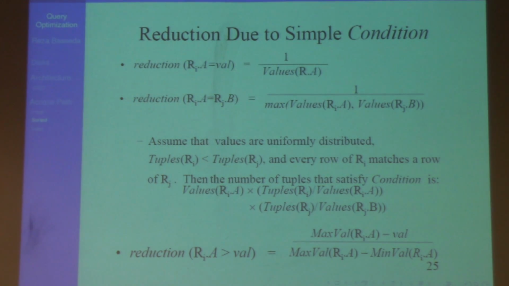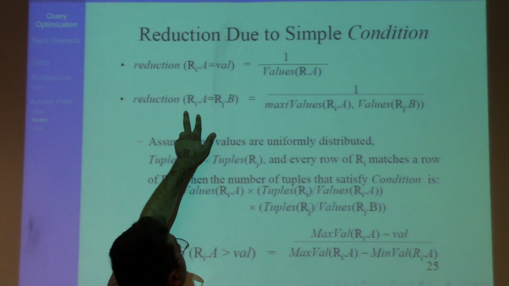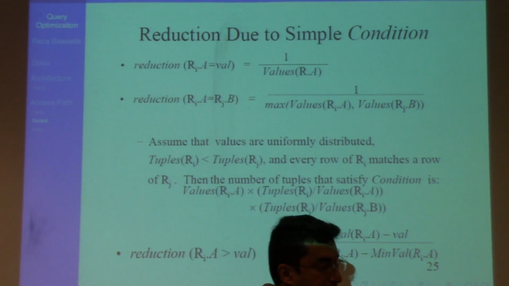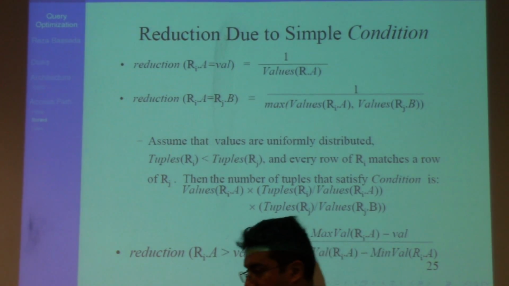What is the reduction factor for the condition Ri.A equal to Rj.B?